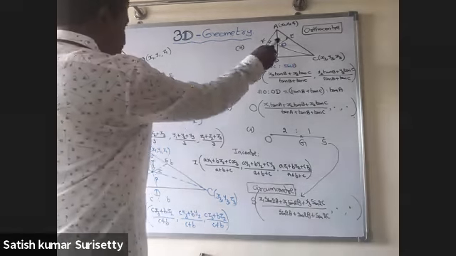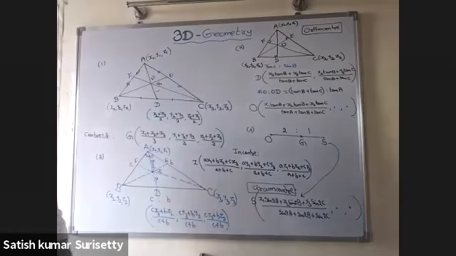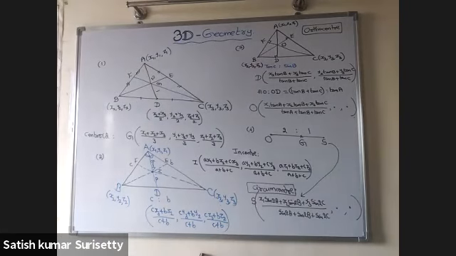Orthocenter. AD, BE and CF are the altitudes of the triangle ABC, and O is the orthocenter.